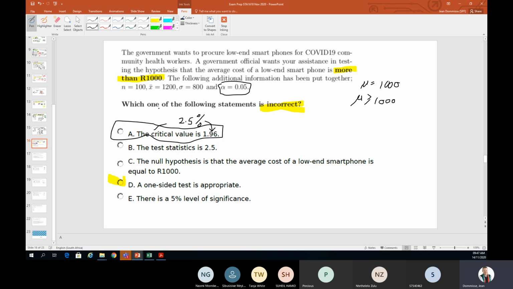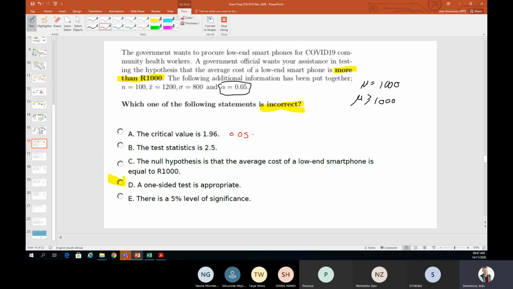But as I correctly showed this morning, they don't tell me exactly that I'm looking at the 2.5%, I'm using the 0.05.